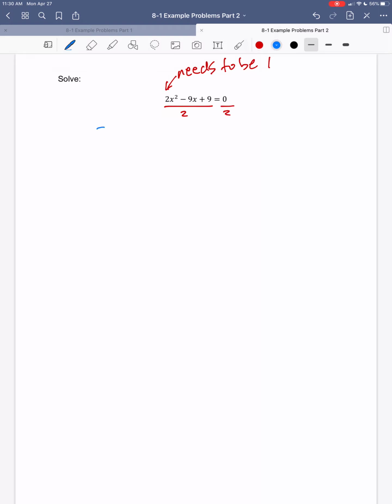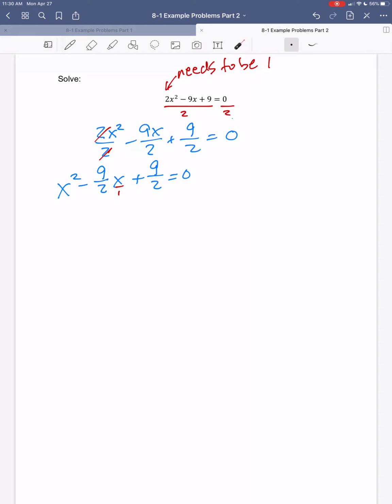So I'm going to get 2x squared over 2 minus 9x over 2 plus 9 over 2, and 0 over anything else is still 0. So these 2's cancel out. That was the point. So I'm going to get x squared minus 9 halves x plus 9 halves equals 0. Remember, this really is over 1, so it really is the same thing. 9 times x is the 9x, 2 times 1 is 2, and the negative is still there.